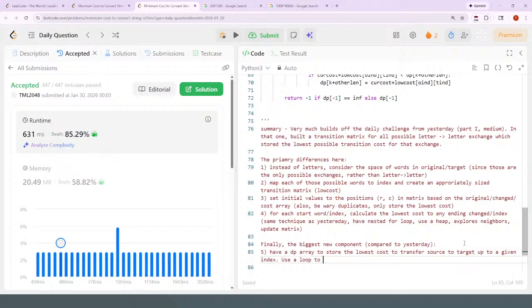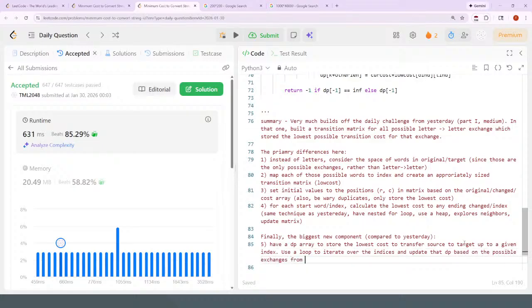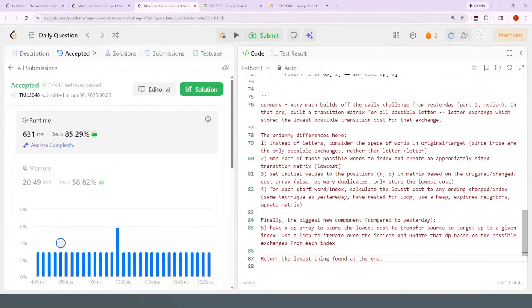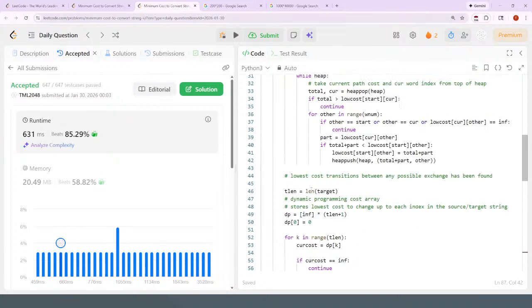Use a loop to iterate over the indices and update that DP array based on the possible exchanges from each index. And then, finally return the lowest cost thing found at the end. Alright, so those are kind of 5 main points, very broad strokes.